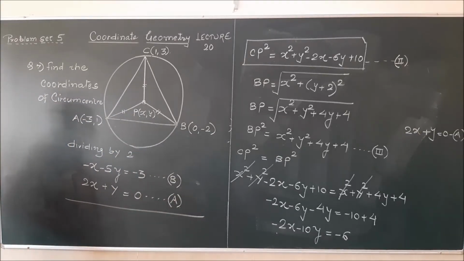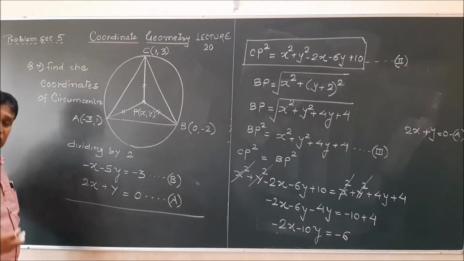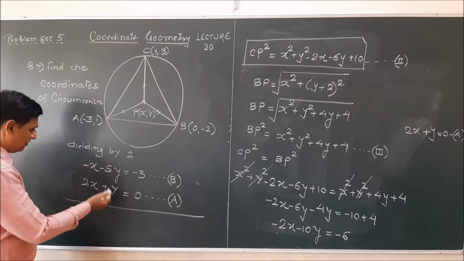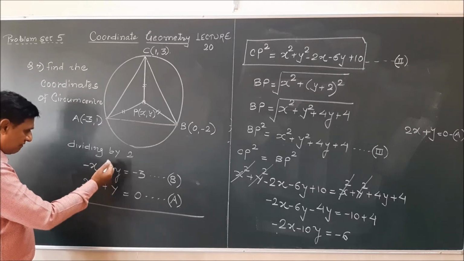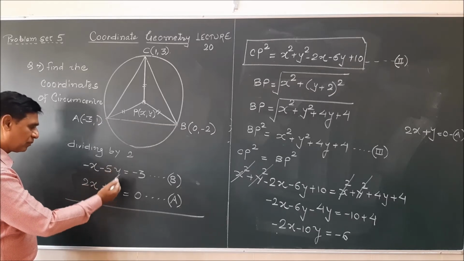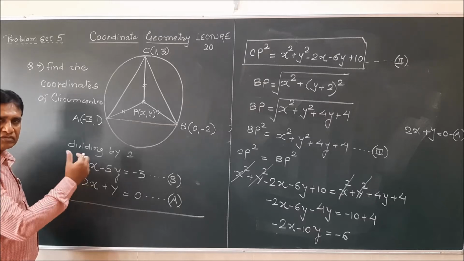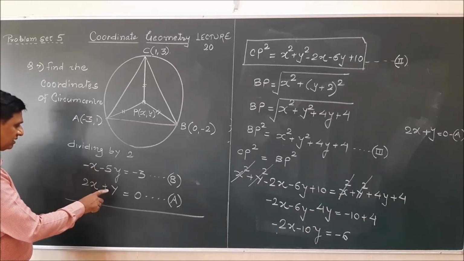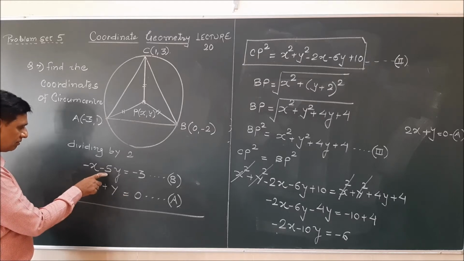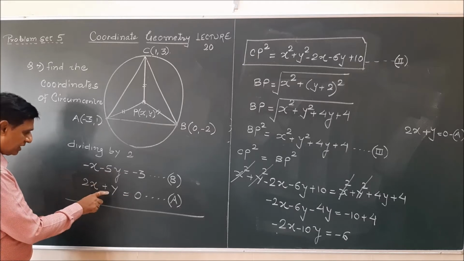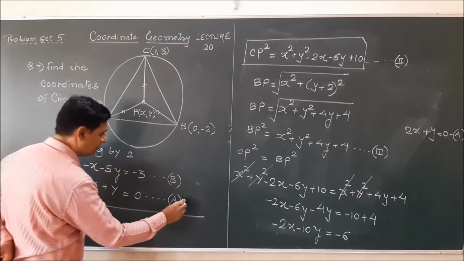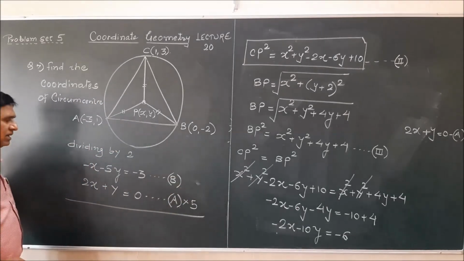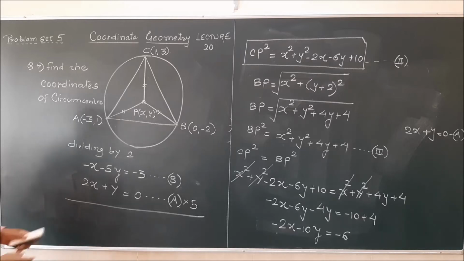Now to solve these two simultaneous equations, since you all know that first of all, if coefficients of variables appear with opposite signs, simply we have to equate their coefficients. From that point of view, you will find 2x plus y is equal to 0. Here I am having minus 5y. So I have to get here plus 5y. Multiplying this by 5. Correct? Multiplying this by 5. Let's see.